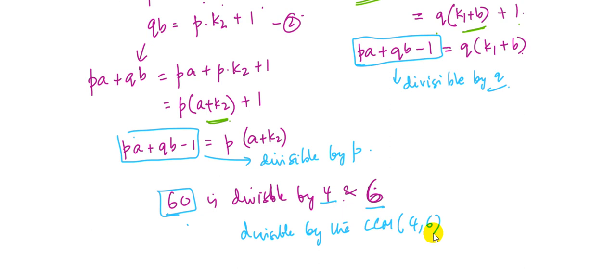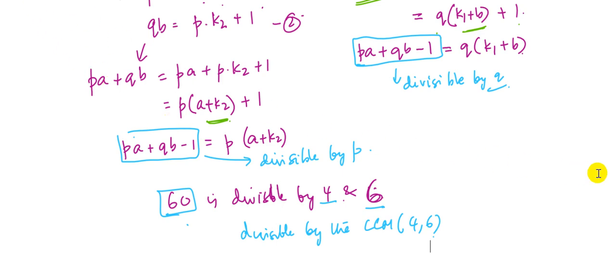LCM of 4 and 6 is 12, so 60 is divisible by 12. You can try it with any numbers. The proof is very simple. So if any number is divisible by two different numbers, then it would be divisible by the LCM of both the numbers.